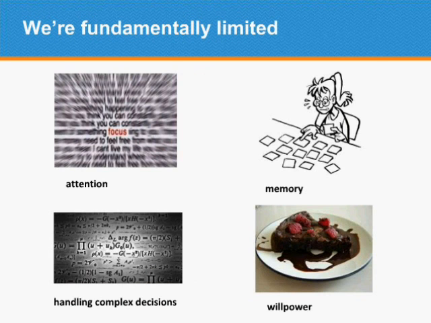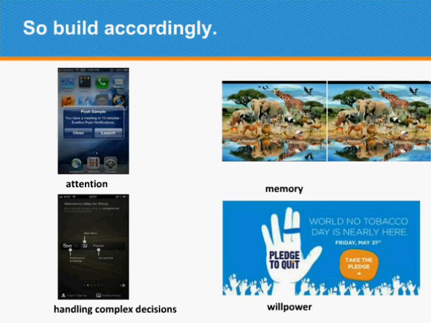So we talked about these 4 limitations: attention, complex decisions, memory, willpower, etc. You bet, Sean, happy to answer your question. That's nice, right? What does it actually mean for product design? It means we have to design around these limitations.